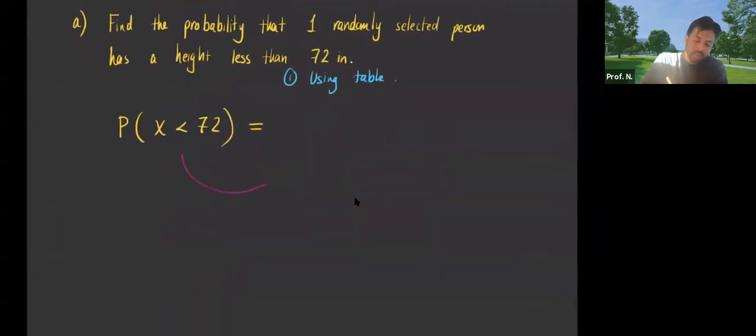The idea is I convert X into Z. What is Z? Standard normal. How do I go from X being a normal random variable to Z being a standard normal? So the idea is that I take X, I subtract the mean, and divide it by the standard deviation.